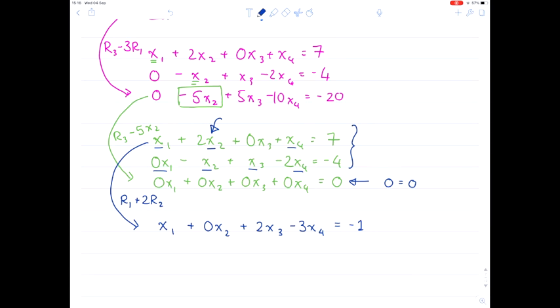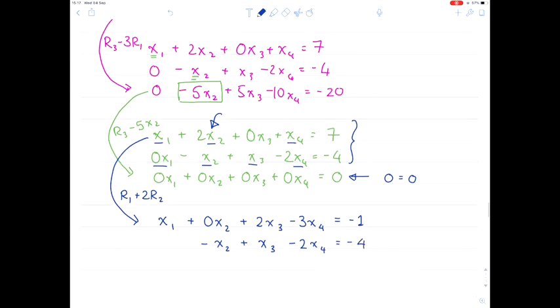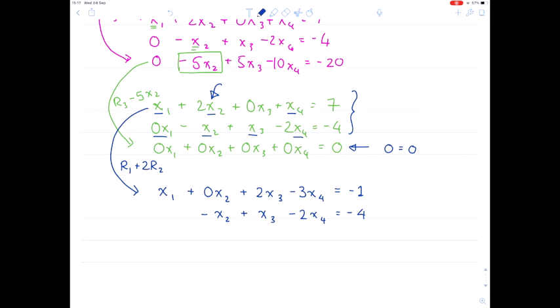My second equation, I'm going to write this out as x2 minus x3 plus 2x4 is equal to 4. Just to make life a little bit easier, I'm actually going to imagine that I've multiplied my second equation by minus 1, so my signs change.